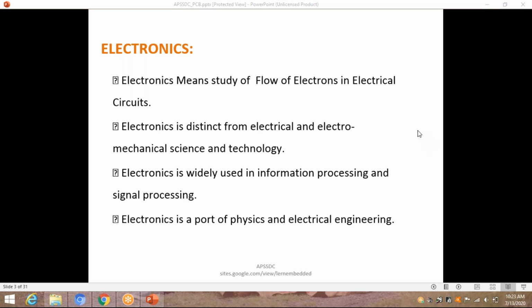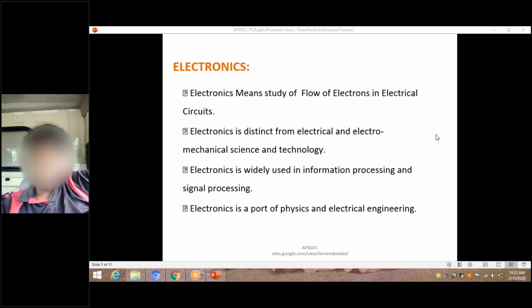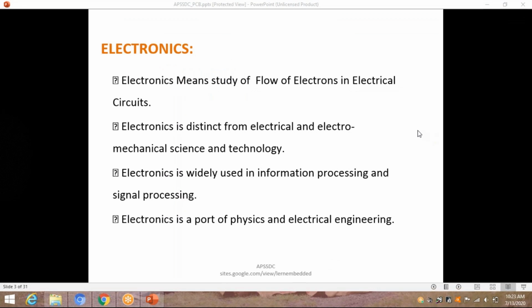Now when it comes to electronics, it is different from electrical and electromechanical science and technology. Keep in mind that, class. What is the main purpose of electronics?